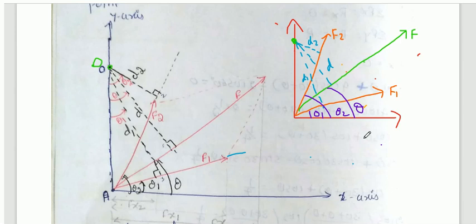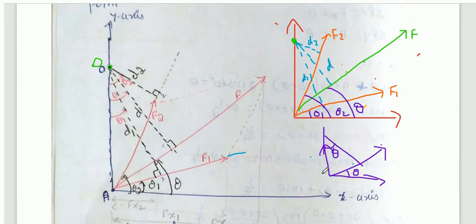Try to understand. If you have a force system, and any one force is making an angle theta with respect to the x axis, then according to the principle, the perpendicular drawn to that force makes the same angle theta with respect to the y-axis.